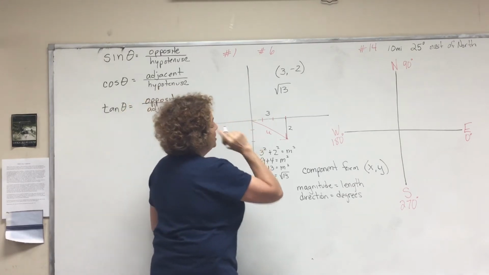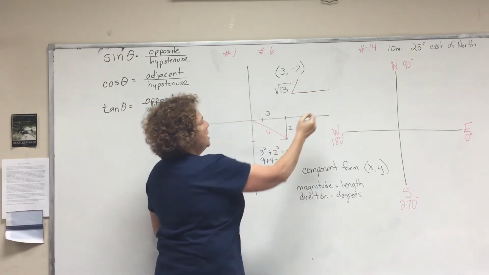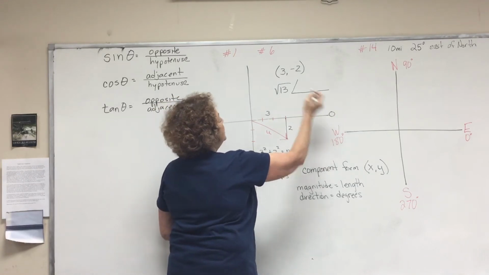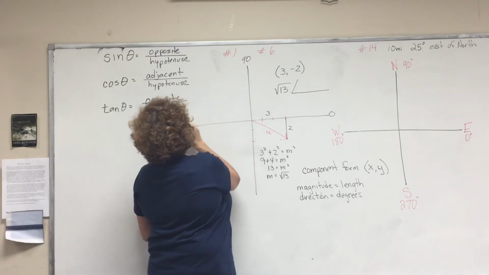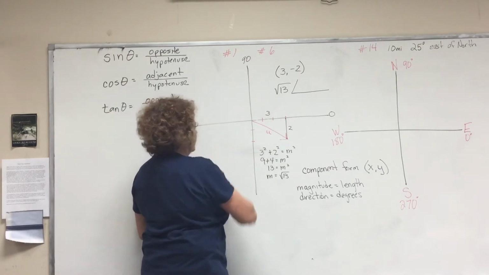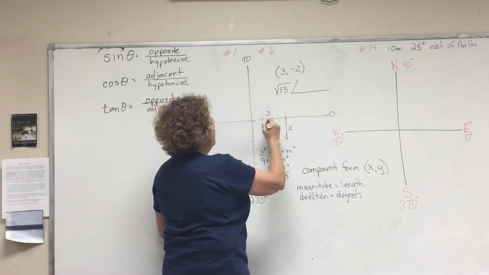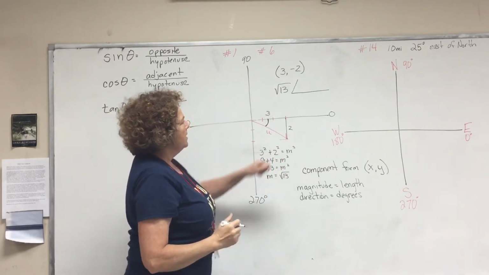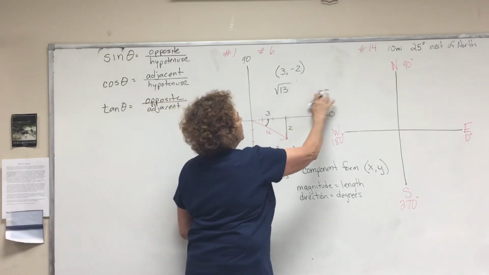And the direction, you're going to learn to write it inside something like this. But if this is 0 degrees, and this is 90 degrees, and this is 180 degrees, and this is 270 degrees, we want to find this right here. And we're going to say it's south of, I'm not going to do this right now.